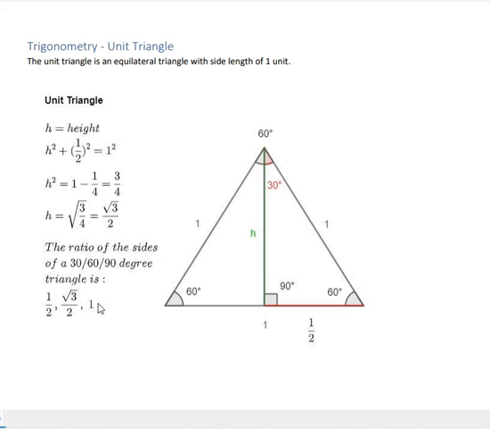We will see later that trigonometry involves the ratios of the sides of right triangles. And it's interesting to see from such a simple starting structure, a unit triangle, the mathematical relationships and properties that come out of it.